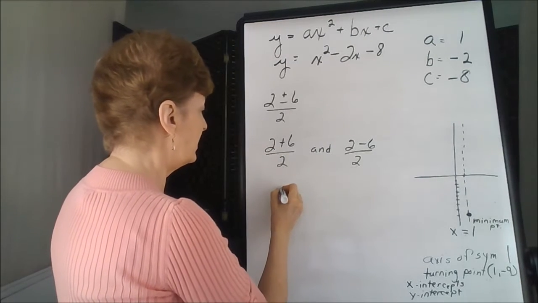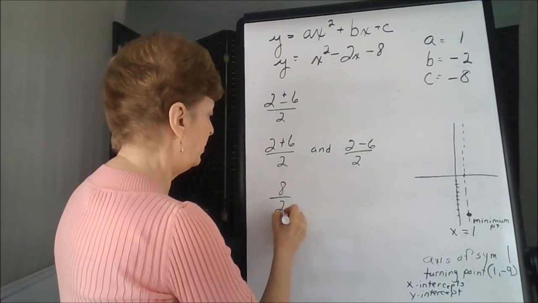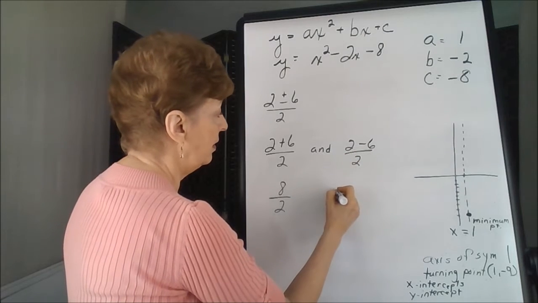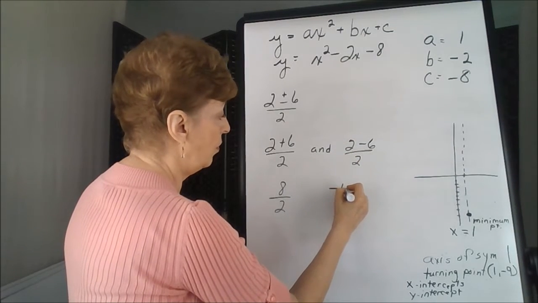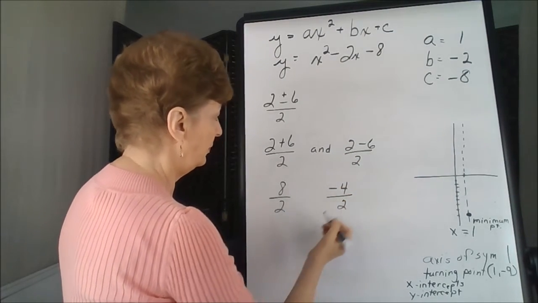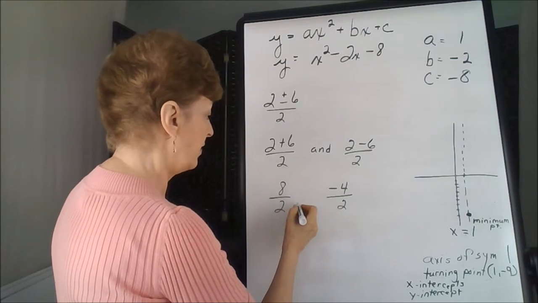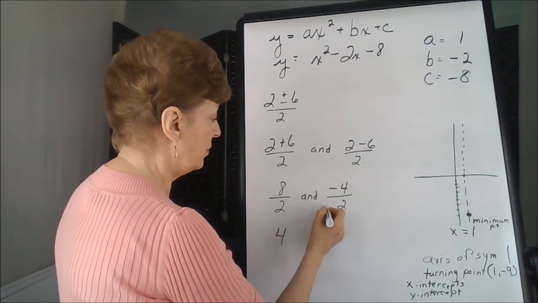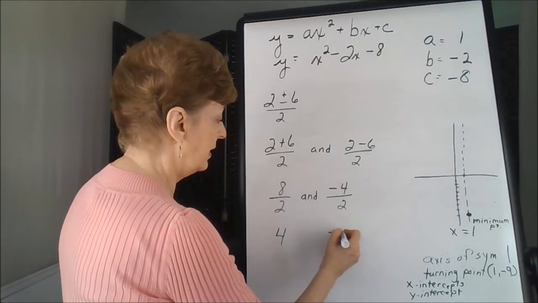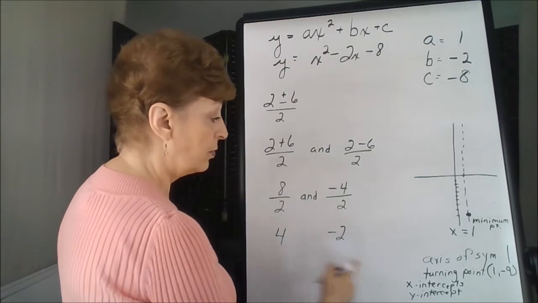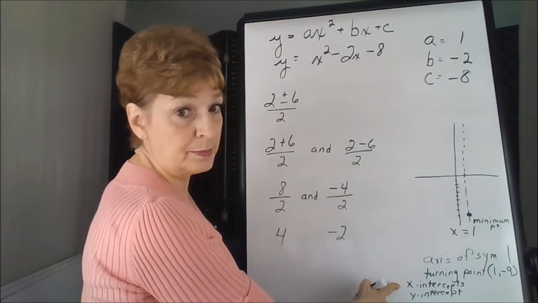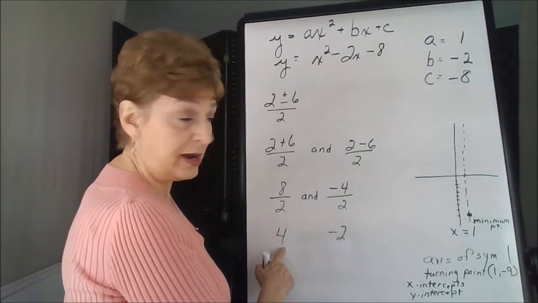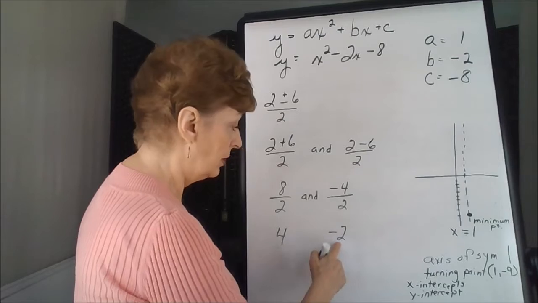So 2 plus 6 is 8 over 2, and this would be -4 over 2. Reduce our fractions. This is an and. This is 4, and this one would be -2. So our x-intercepts are 4 and -2.